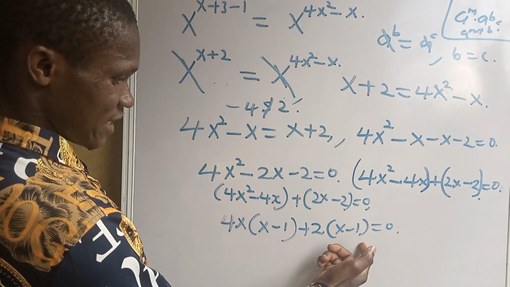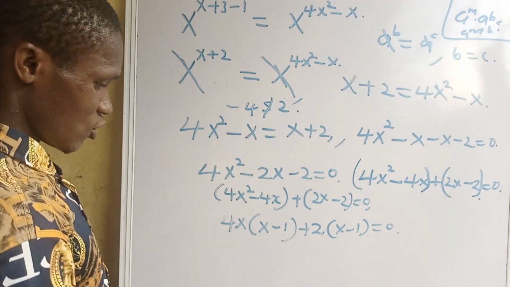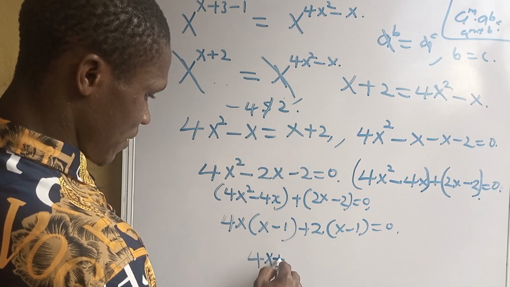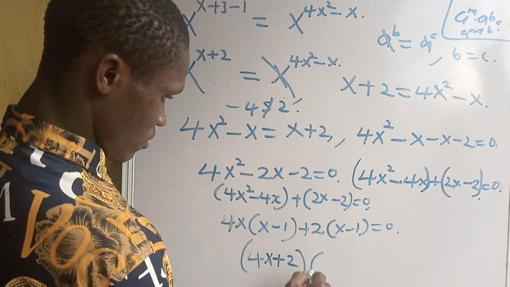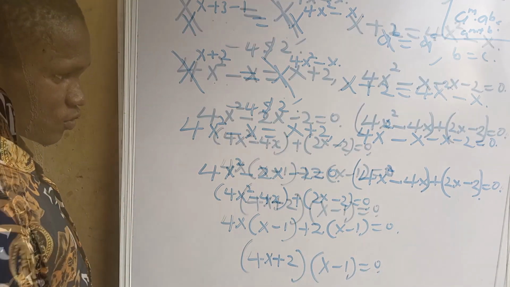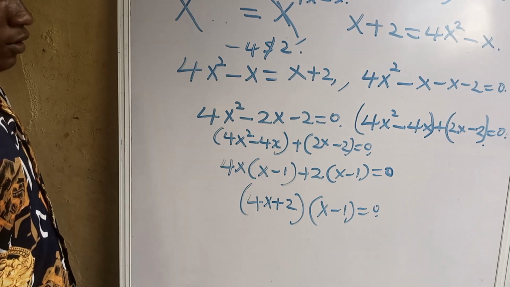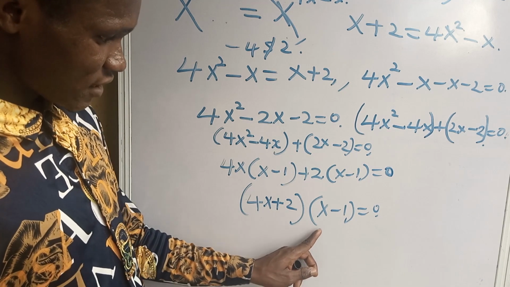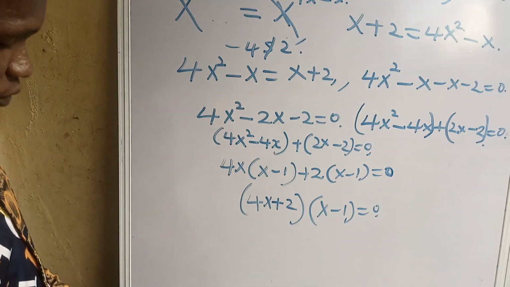Okay, since this and this are equal, we can pick them as one factor. So picking them as one, we can have open bracket 4x plus 2 close bracket times x minus 1 all equal to 0.